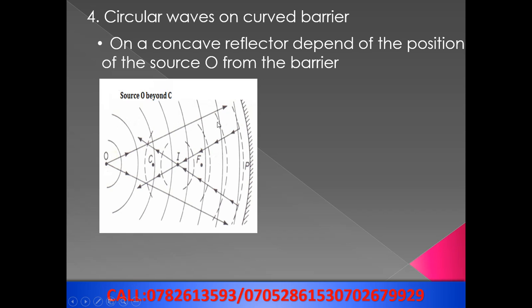When they strike here, they will come back like this. They will come back, and at this point there will be an image which will produce waves again like that.